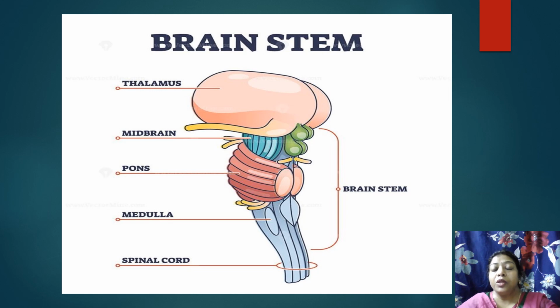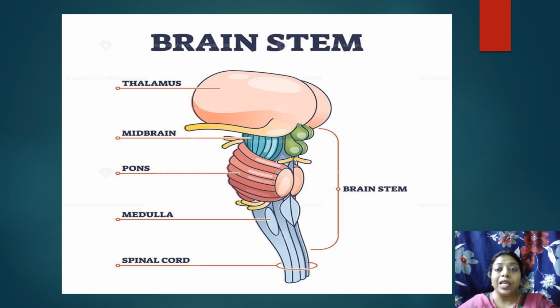If you are able to balance any situation, that is because of the brainstem, and even your head can stand erect because of the balancing, especially by the brainstem. And when you talk about the brainstem, as you see in the figure, it has 4 important ovoid structures.